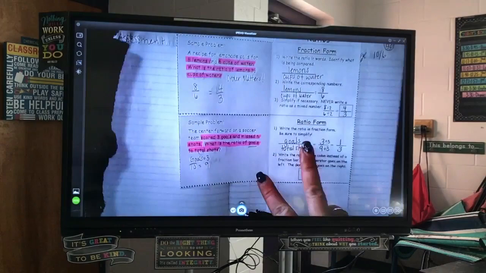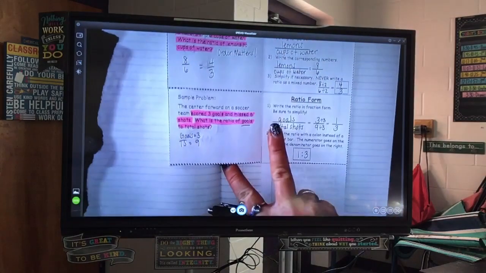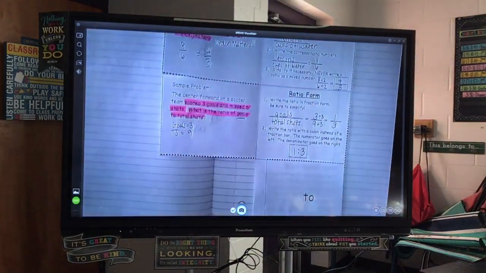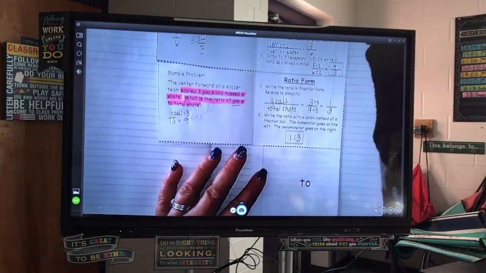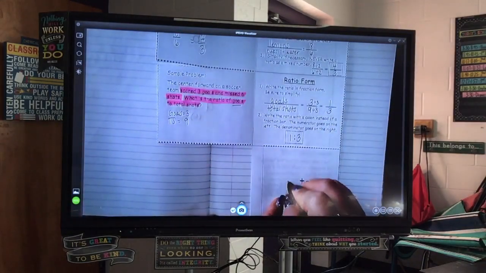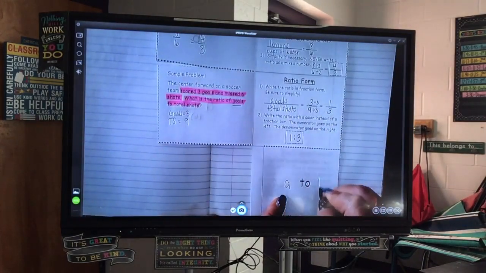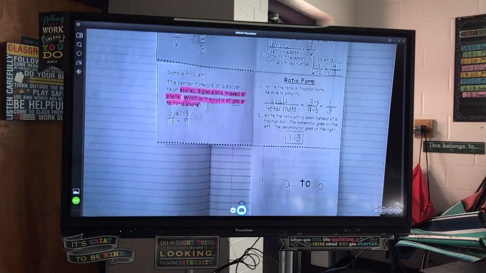Alright, the last one that we are going to do is the word form. So obviously, A to B. And we don't really need to specify because you just say the word.